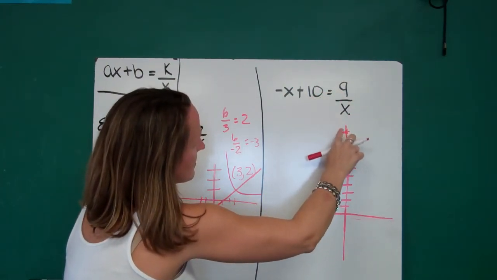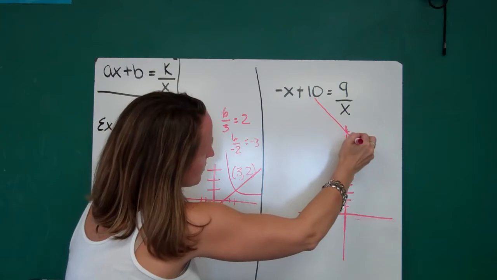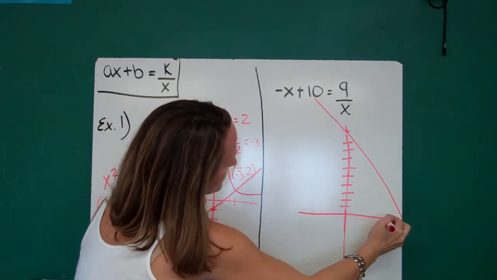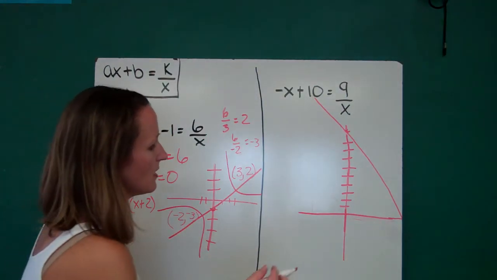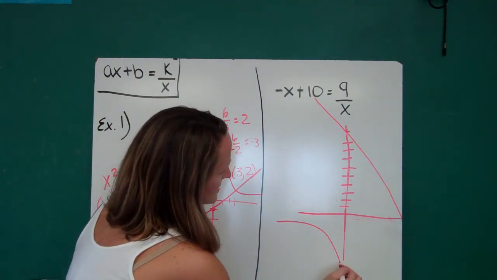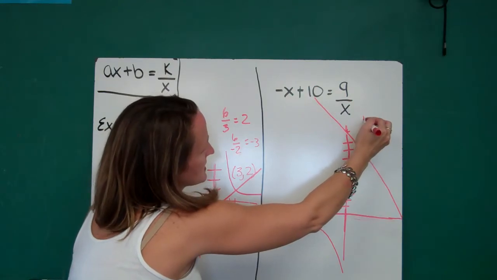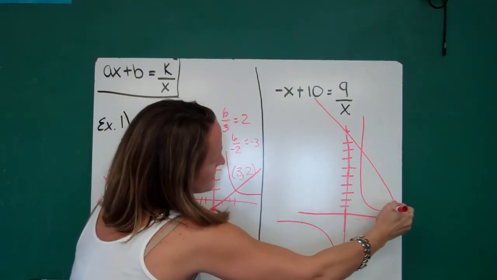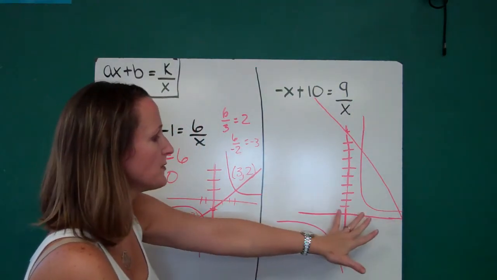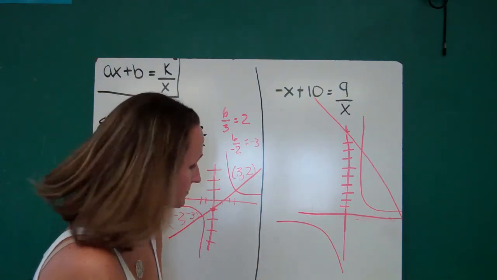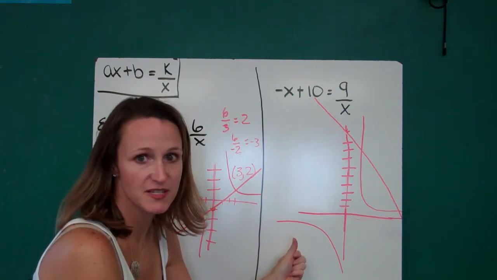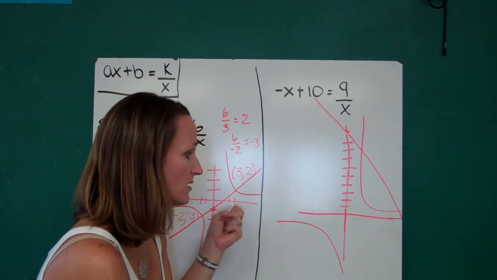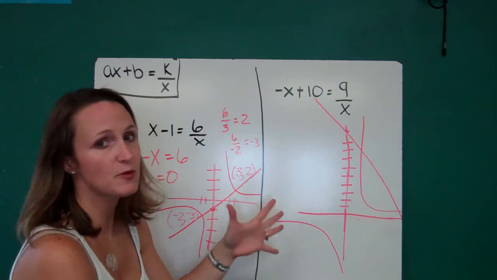I still can't get it. Way up here. Now, we have positive stuff, but I'm going to go ahead and cross this here. And I'm going to make this come about like this. What can we see before we even start? Obviously, this line is not going to touch this part of our inverse variation graph. Let's see if we find that when we work this out.